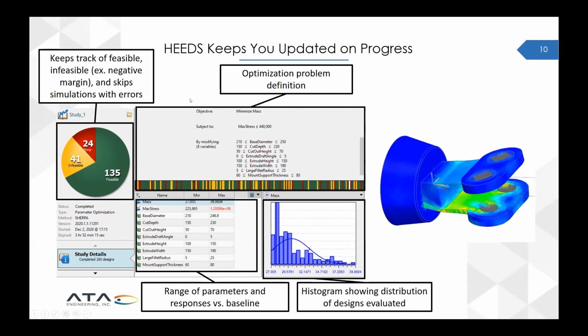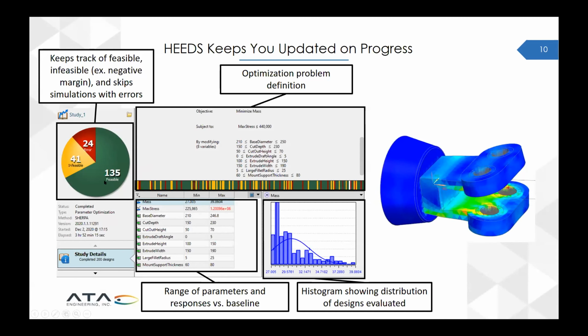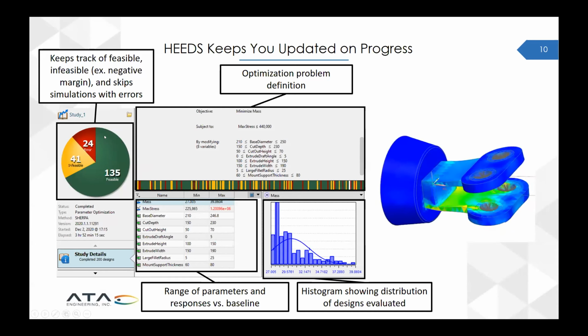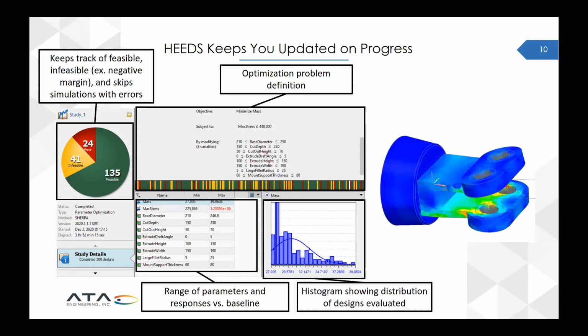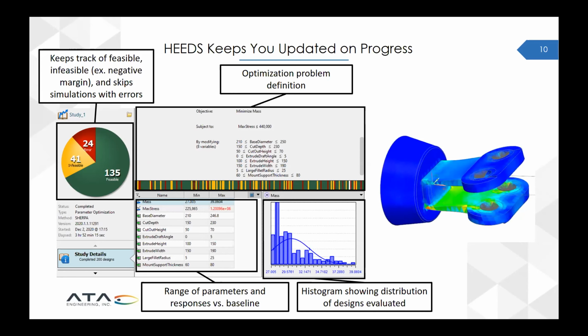So as HEEDS is running, it keeps you updated on its progress. So you can see here that it keeps track of feasible designs, those that meet the stress constraint that I set. Infeasible designs, those where the analysis completed, but maybe it results in a von Mises stress that's above 440 megapascals, so that's not feasible for our purposes.